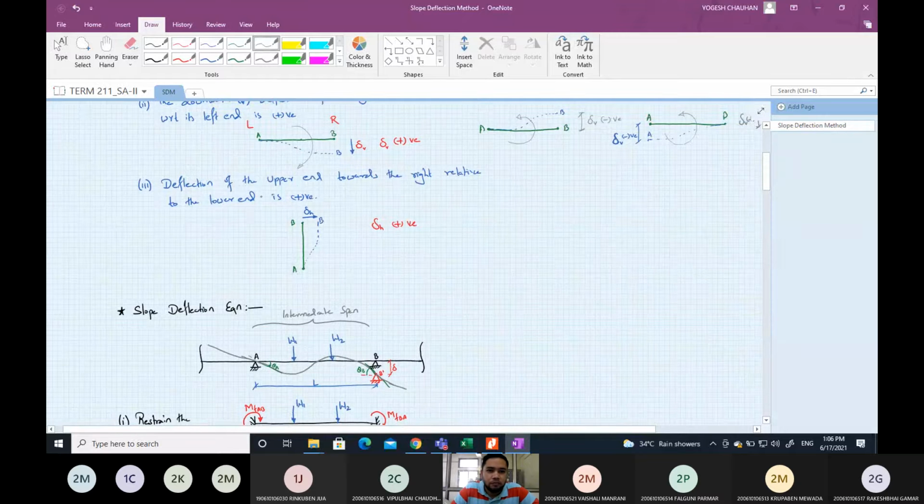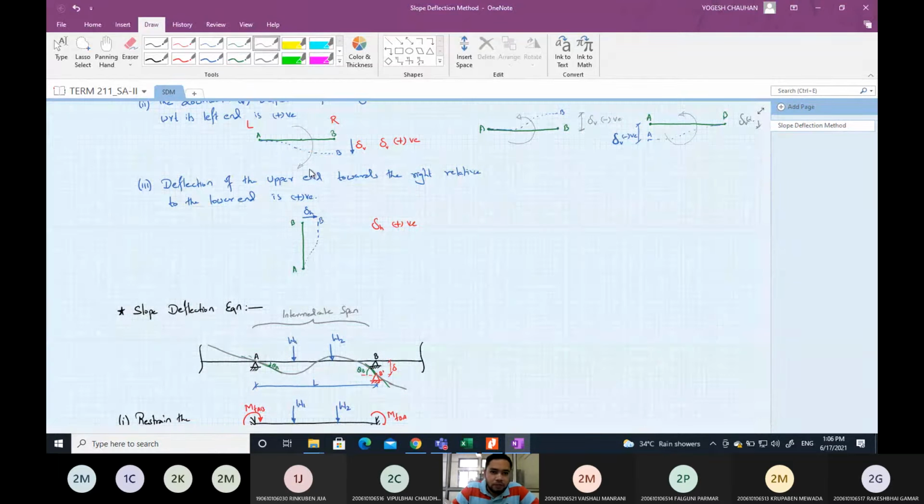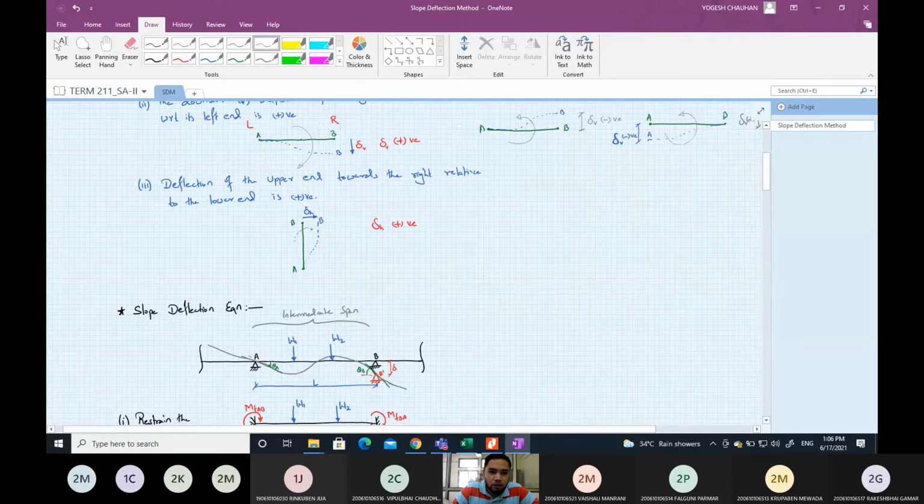So then the third sign convention: deflection of the upper end towards the right relative to the lower end is positive. Again, if you see, this deflection tends to rotate the beam in clockwise direction. Okay, so this is taken as positive.